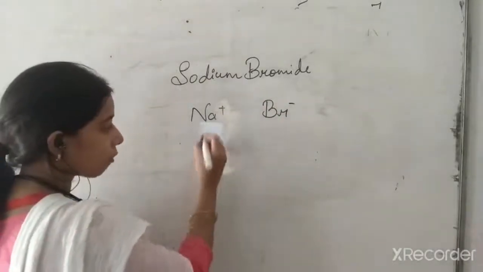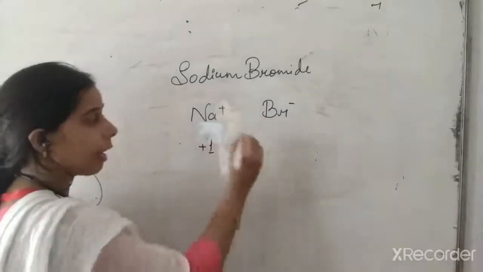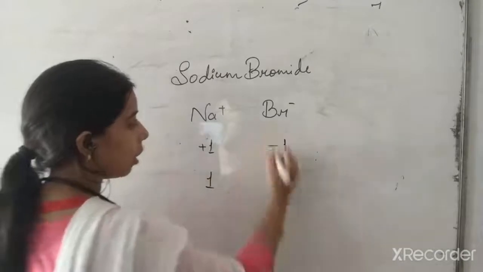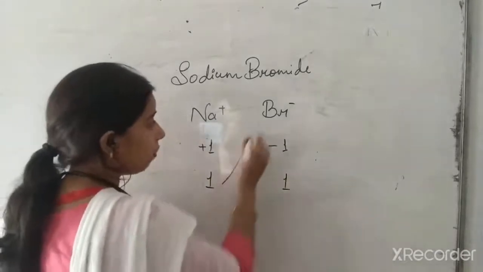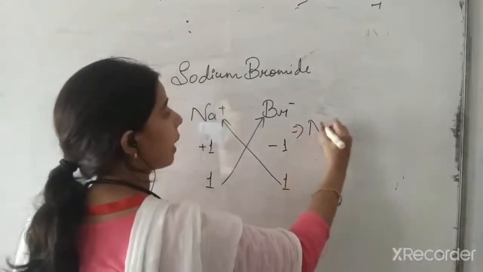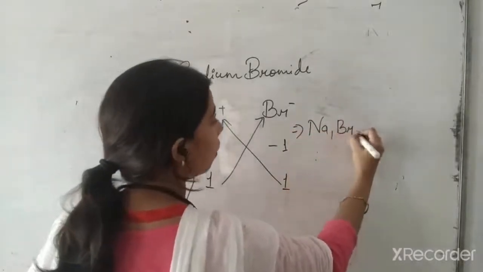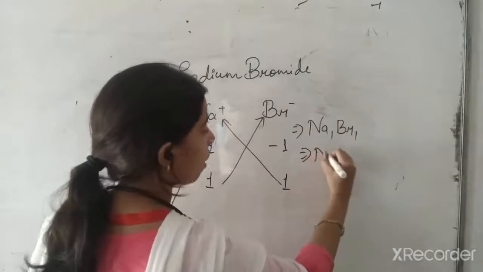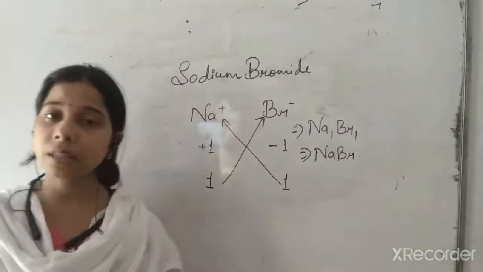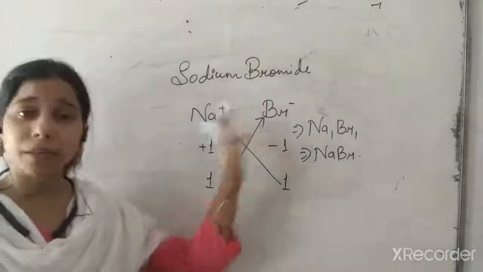The charge of sodium is plus 1 and that of bromine is minus 1, so the valency of sodium is 1 and the valency of bromine is 1. We crisscross them and get Na1 and Br1, which equals NaBr.